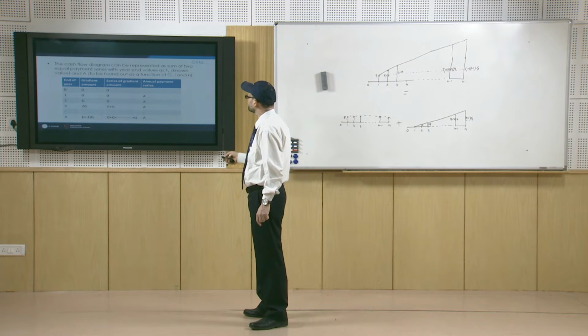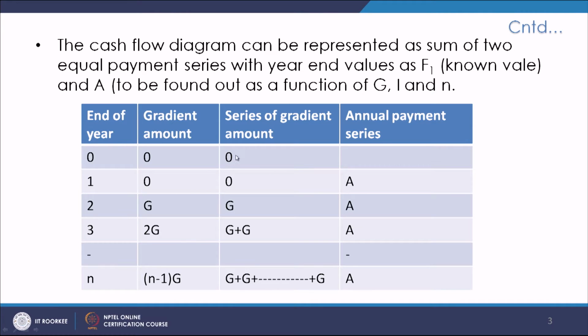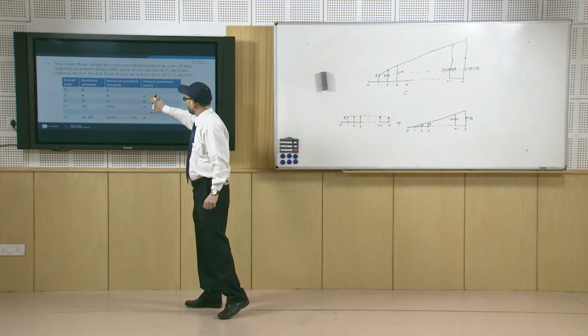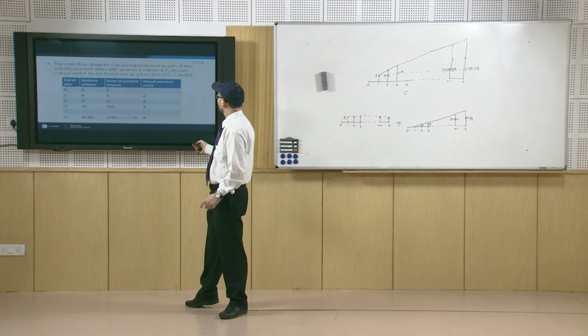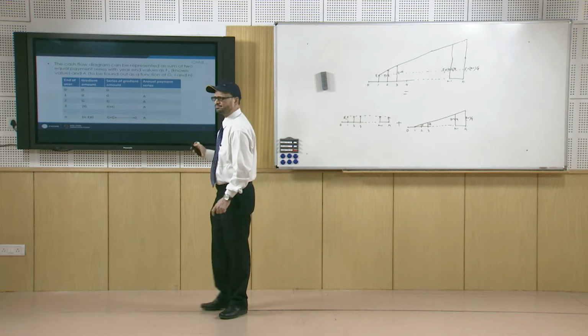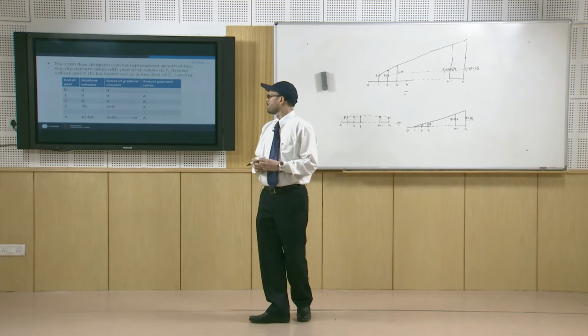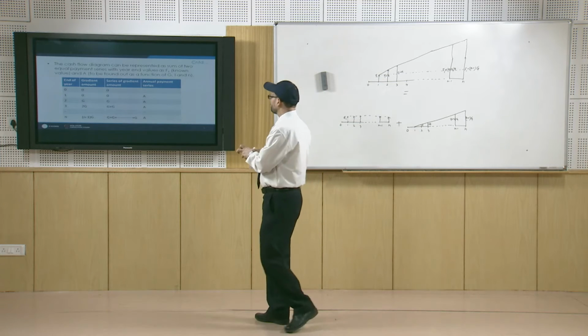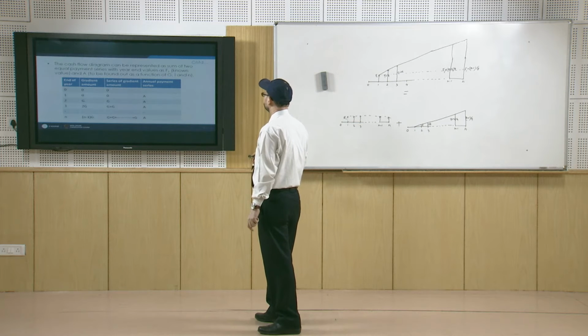So, this series should be equivalent to that series, where a series of such type will have an equal year end payment of amount A. If you try to find the equivalent, the summation of all of this should equal the summation of that, and this way we can find a relationship between A and G.